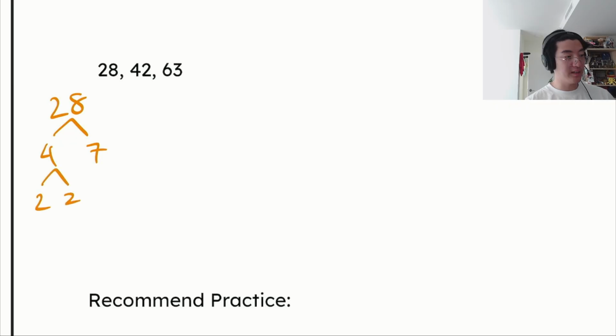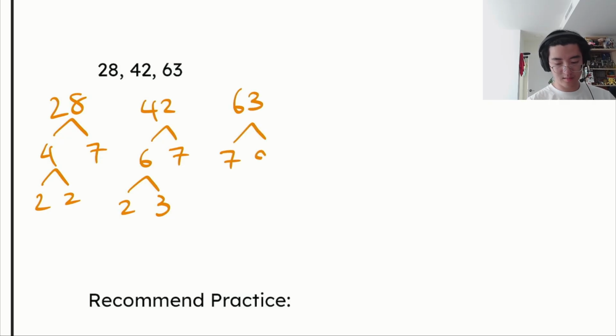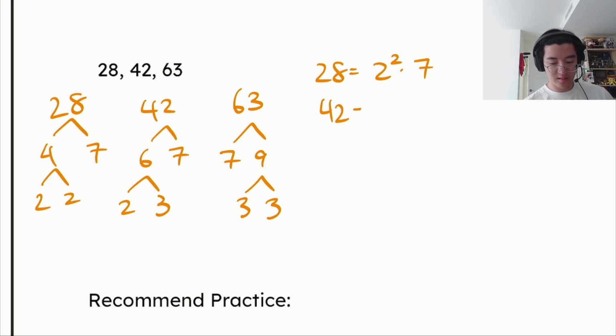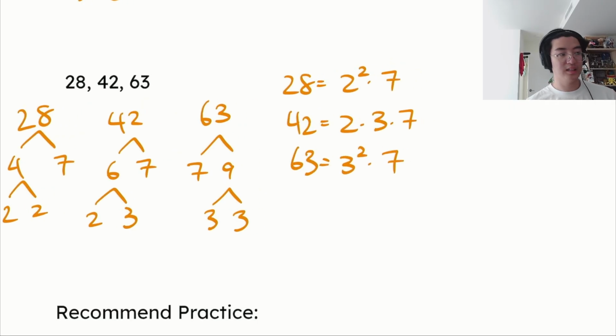Next, again, just factoring as usual. Same step over and over. Very good practice. So 28 is 2 squared times 7. 42 is 2 times 3 times 7. 63 is 3 squared times 7. Okay. Take the highest powers.